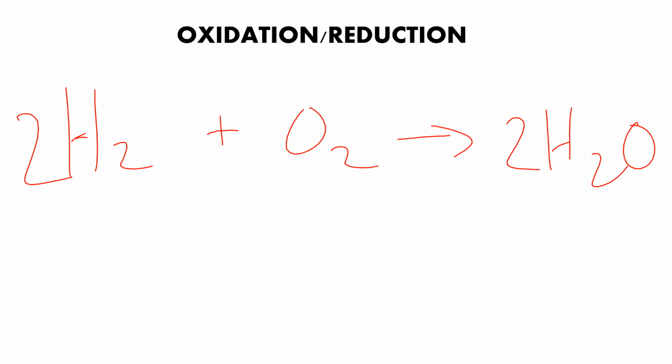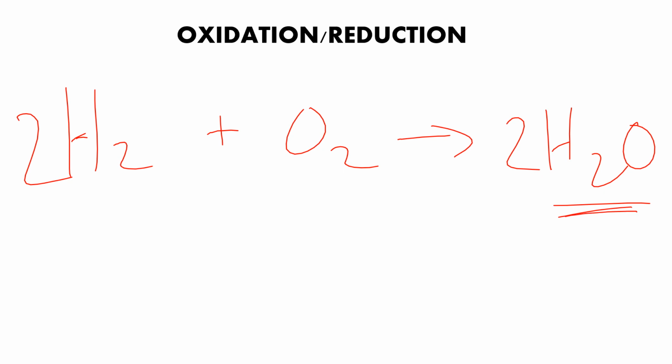And you'll find one element goes up in oxidation number, one goes down. That is, one element is losing electrons, one element is gaining electrons. It's not quite so obvious in compounds that are covalent as opposed to compounds that are ionic, because there are no ions in water.